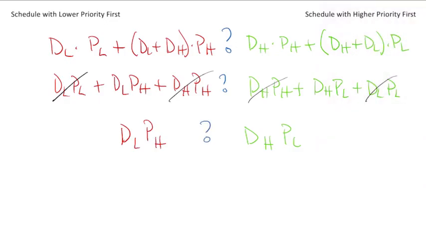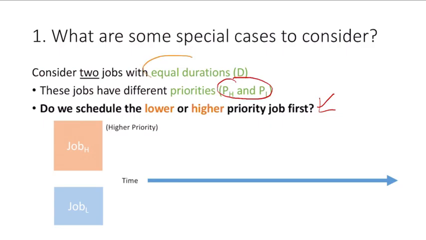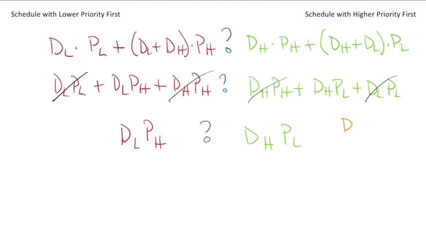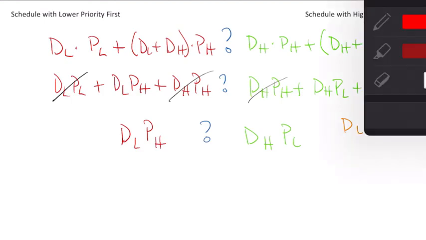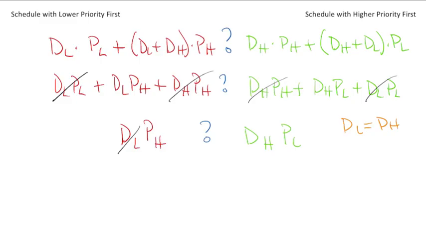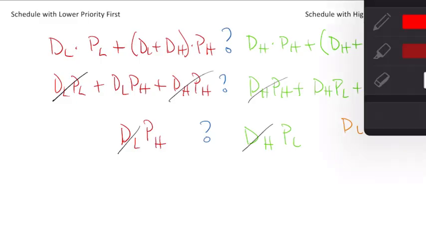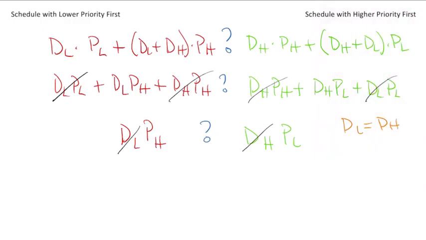Well, if you recall, we said that their durations were the same. So for this special case, durations are the same, which means that DL is equal to DH, and we can cross those two out. We also know that PH is greater than PL.